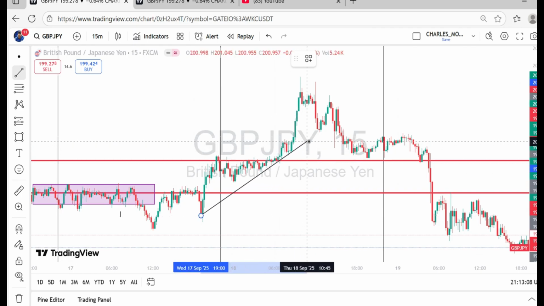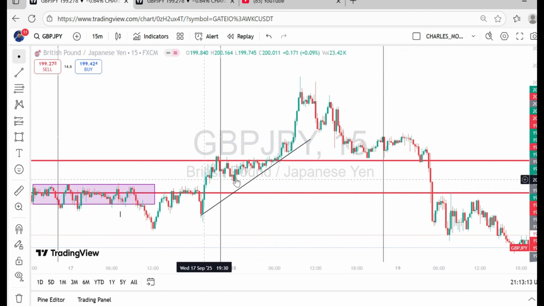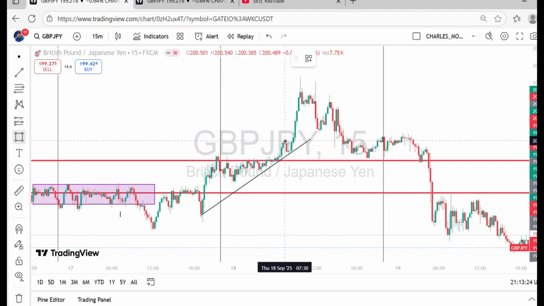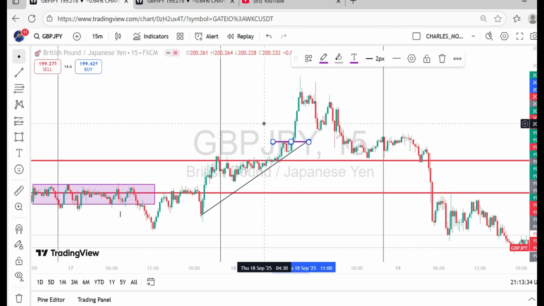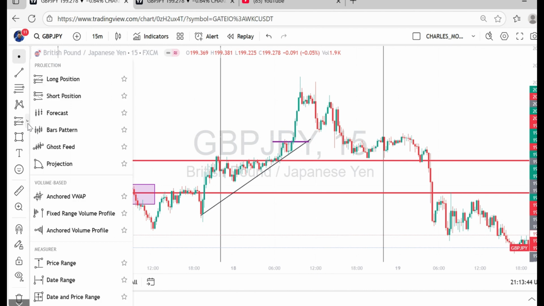Then wait for what the market is going to do. You see, the market didn't break to the downside, but rather kept on going to the upside. Then to be fully confirmed that you are going to buy, you just take a horizontal line at this top, because that was a recent high before the breakout of any ATM candle. So immediately the market broke.